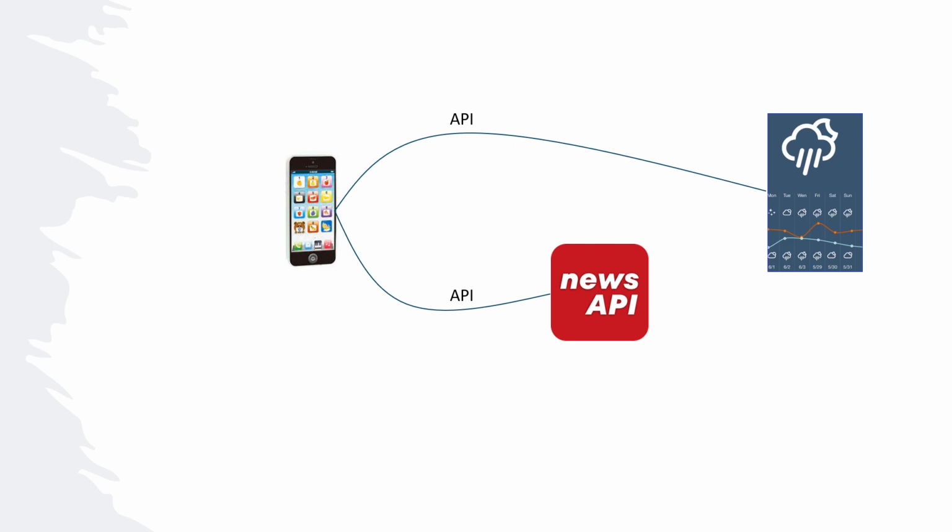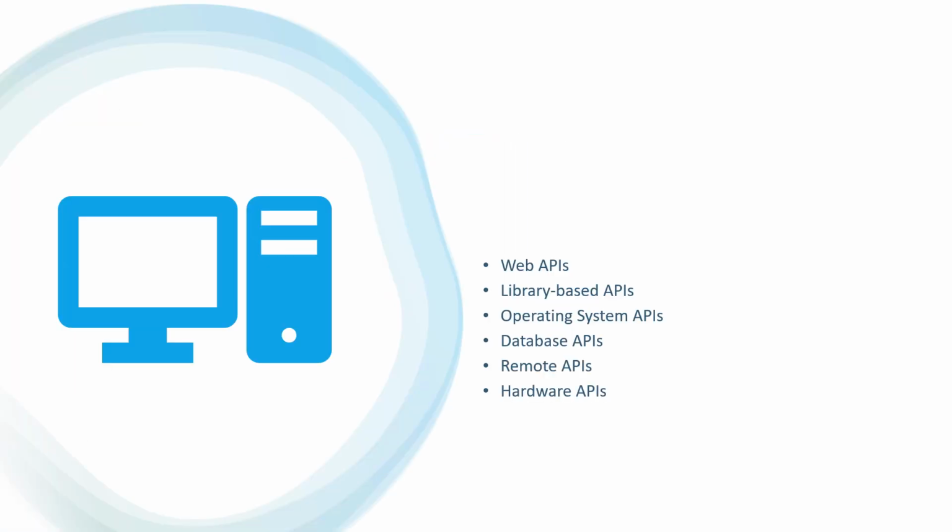APIs make this communication possible. There are several types of APIs available. The first is web APIs, then library-based APIs, operating system APIs, database APIs, remote APIs, and hardware APIs.